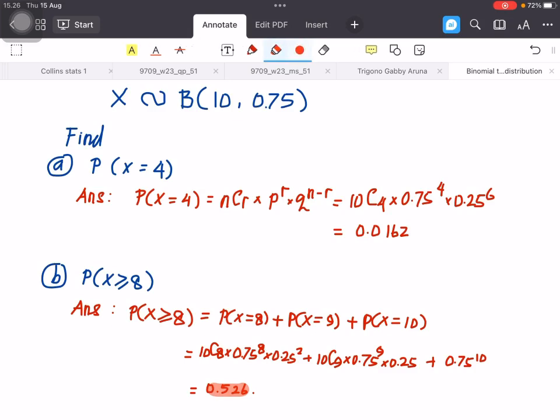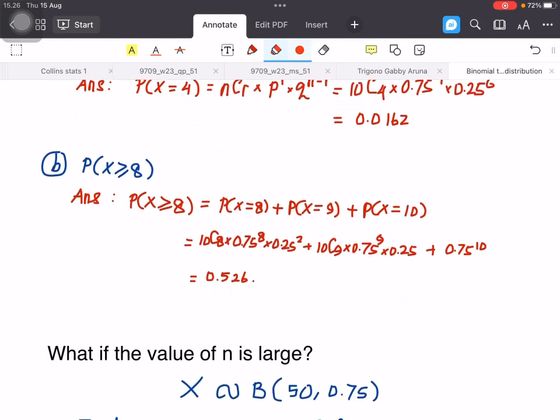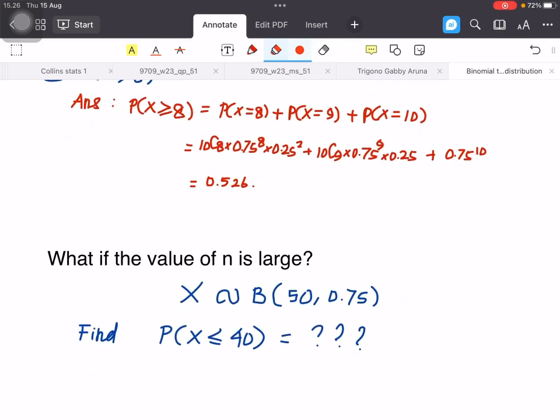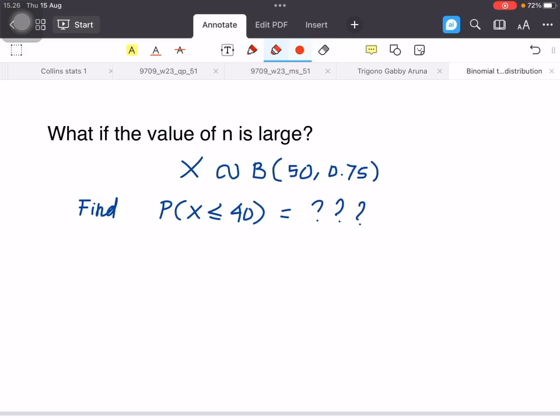Now, what if I change the n to a large number? For example, x follows binomial distribution with n is 50 and probability of success is 0.75. And then you are asked to find the probability x less than or equal to 40.